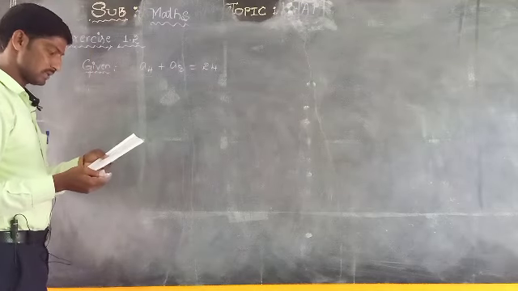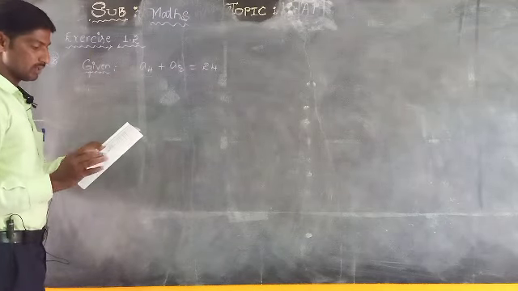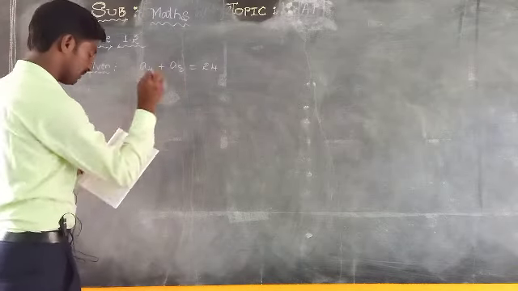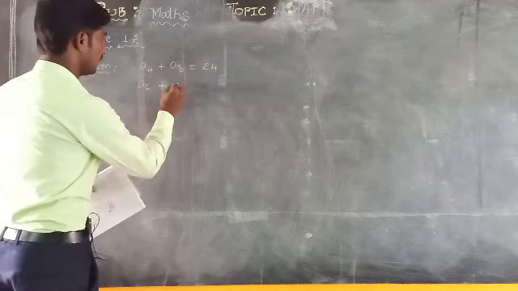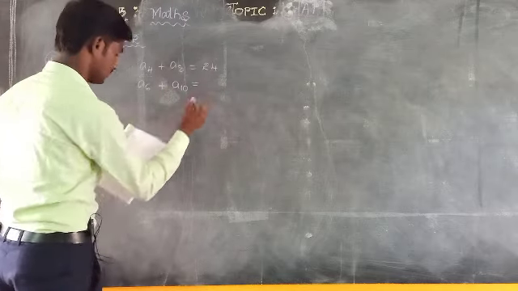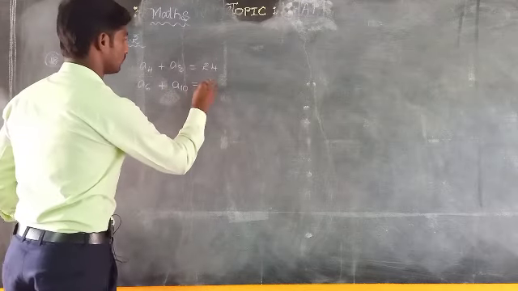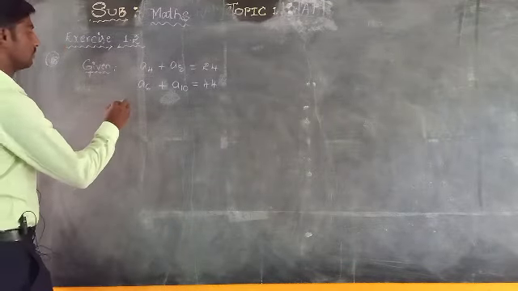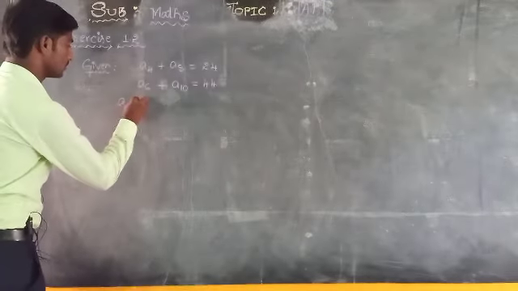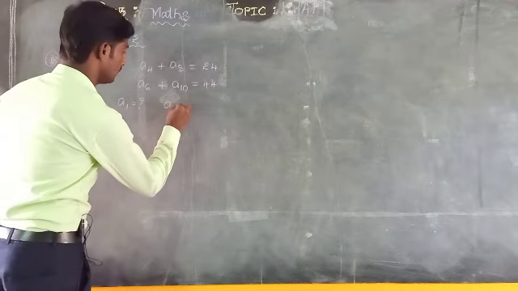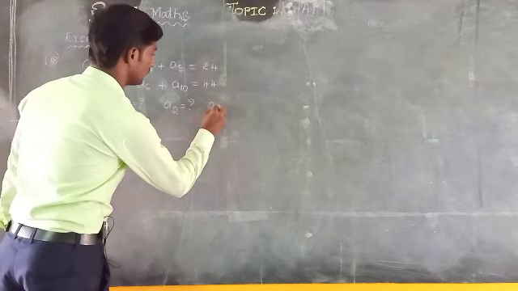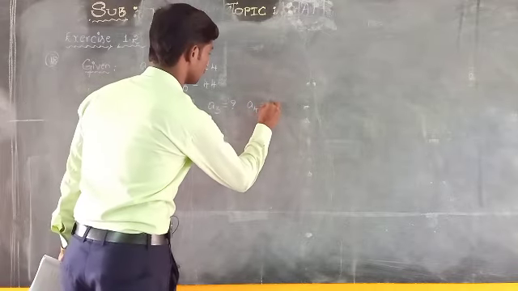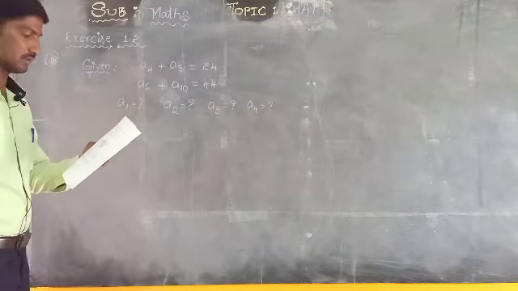And the sum of A6 plus A10 is 44. Given this, we need to find A1, A2, A3 and A4, the first three or four terms.